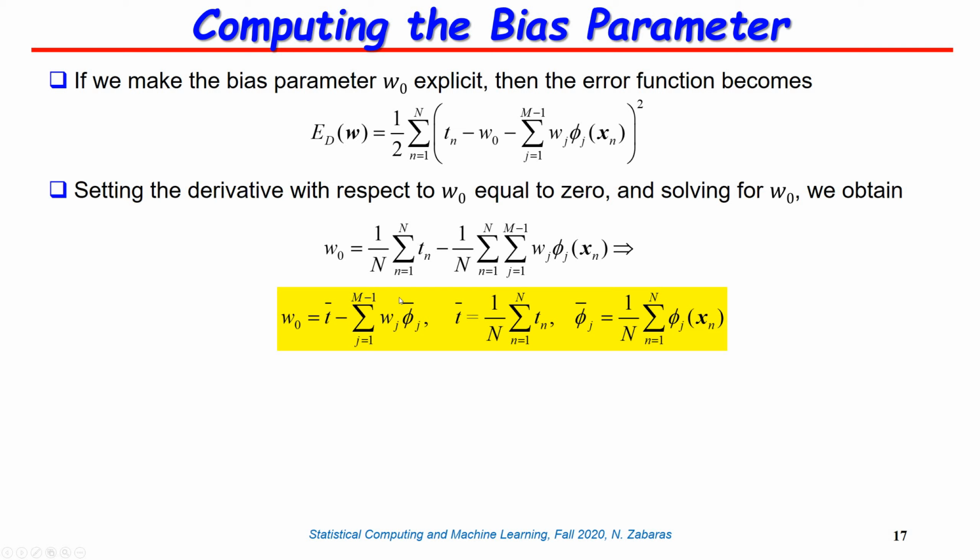So effectively looking at this equation, you immediately say, well, you know what? If I can somehow compute the rest of the W's, I can come back to this equation and compute W0. So the question is, can we actually compute the rest of the W's? Can we compute W1, W2, etc. on their own, and then come back in this equation and compute W0?